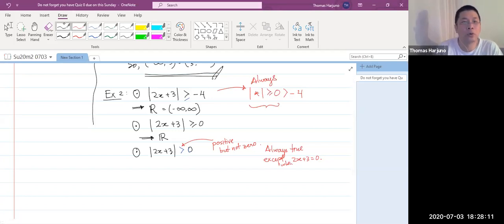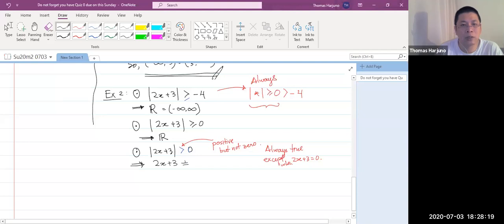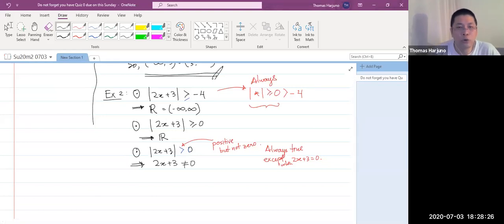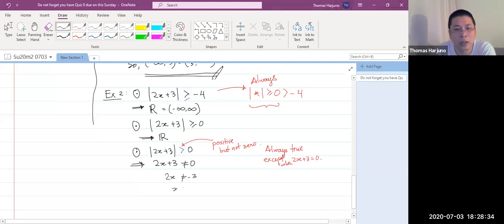So the next step, if you have this situation, is that 2x plus 3 cannot be 0. That's the only thing you need to avoid. 2x plus 3 other than 0, and when you take the absolute value, it will be positive. So 2x cannot be negative 3, so x cannot be negative 3 halves.